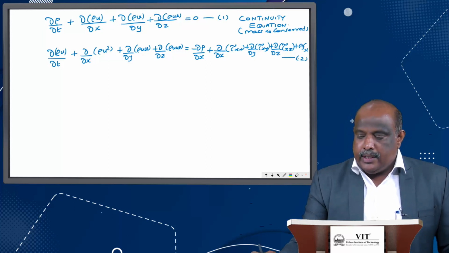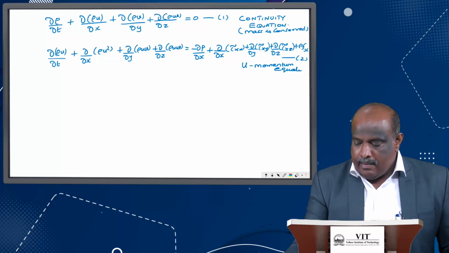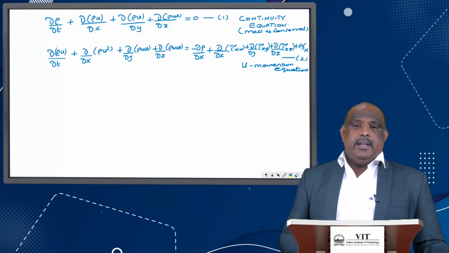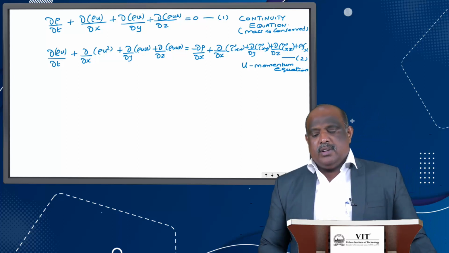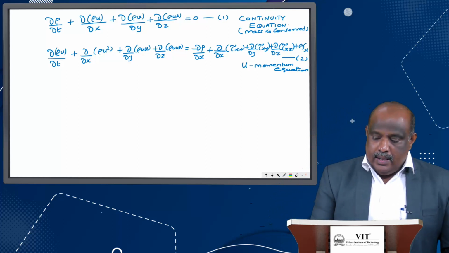Equation number 2 is nothing but the u momentum equation. It is arrived from Newton's second law of motion, F equals m a, where the forces are conserved, or indirectly, since it is in motion, we can say the momentum is conserved.